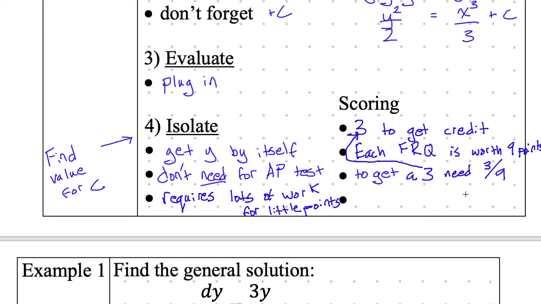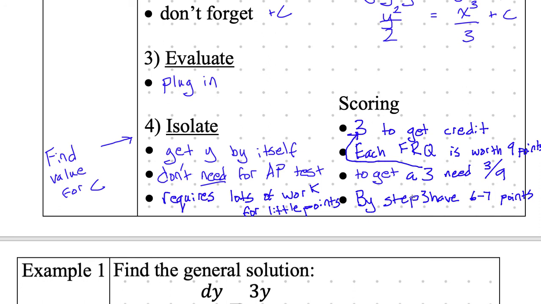By step 3, if you've done everything correctly, you generally have 6 to 7 points. Which means if you don't do step 4, you can very much get a 5 on the AP test.